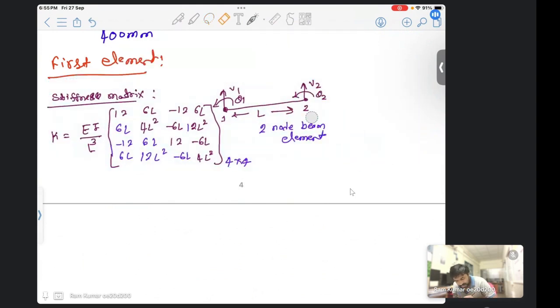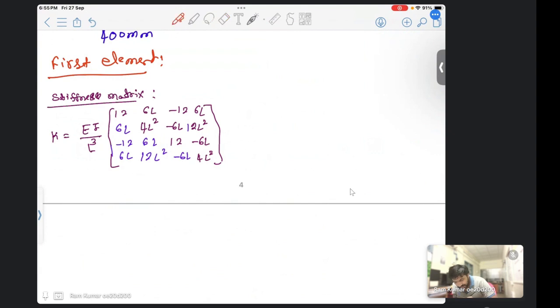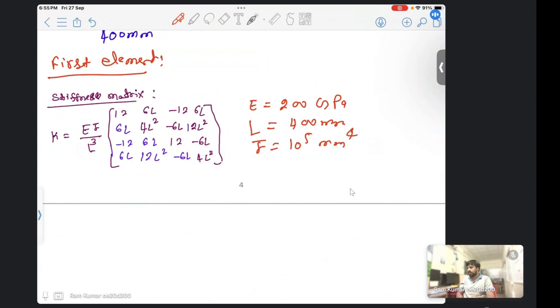Here, given that E equal to 200 gigapascal, L equal to 400 mm, I equal to 10 to power 5 mm to the power 4. In terms of kilonewton, it will be 200 kilonewton per square mm.